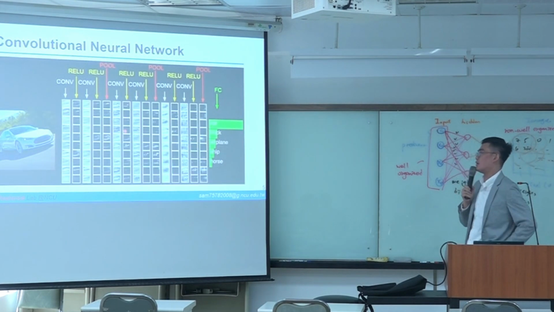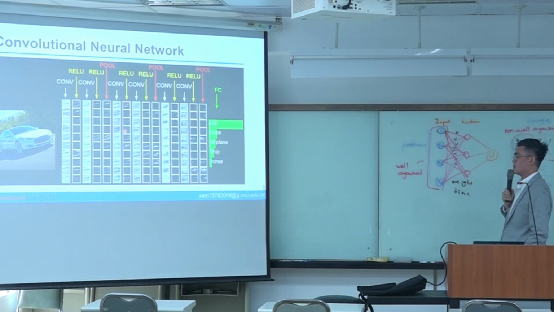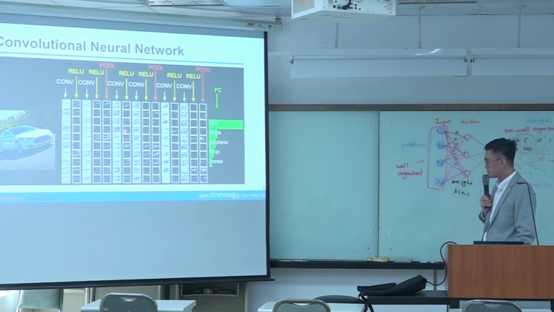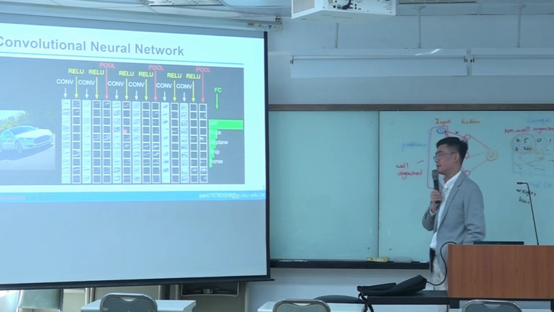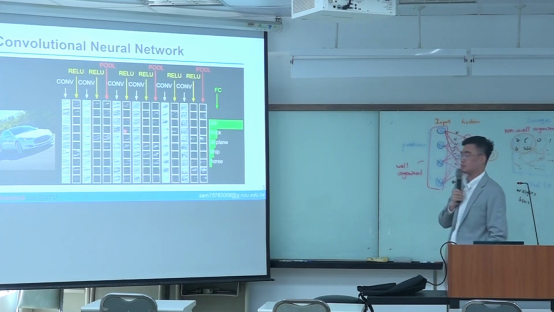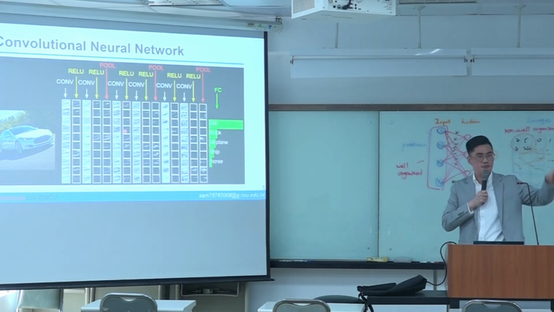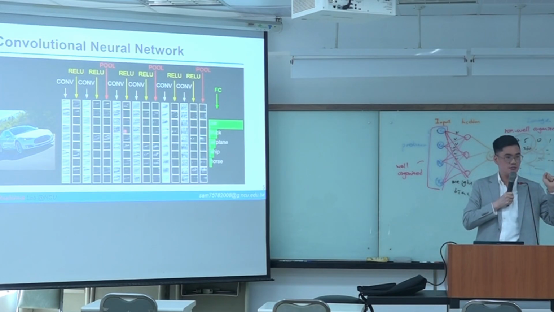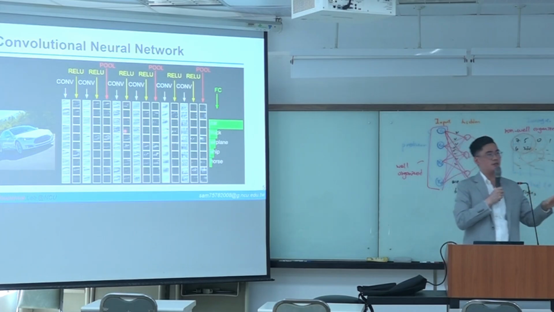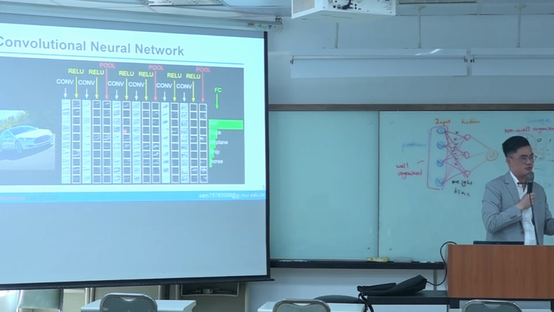Now let's look at this one. I think this is a very typical image if you search CNN on Google. It shows you the architecture or structure of the CNN layers, the CNN models. Basically, it combines a lot of convolutional layers. Every convolutional layer tries to extract features.